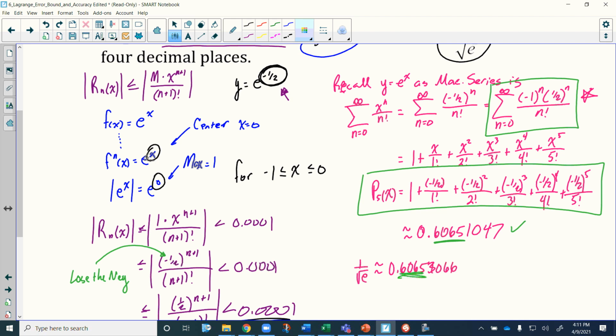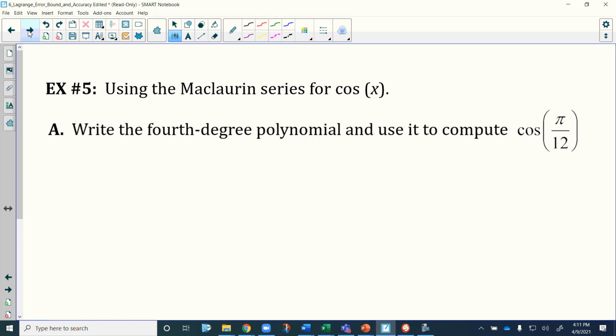Okay. Now, our last example that we're going to be taking a look at here in the Lagrange error bound in accuracy is going to, again, kind of tie some things together. It's going to ask us to work a problem start to finish, where we're going to be creating, in this case, a 4th degree polynomial, and going all the way through to determining what the Lagrange error bound is going to be.